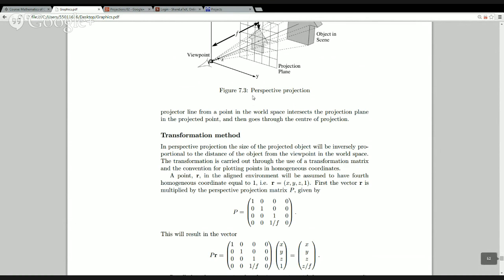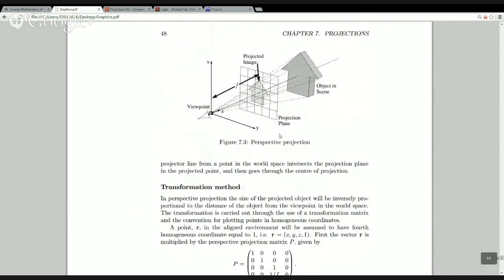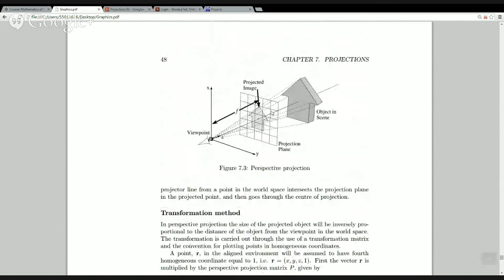Of course, I didn't emphasize it: all these points, the coordinates of the projected points, have z coordinate f. The third component is always f, and that agrees with the fact that all these points are on the projection plane, which is a plane parallel to the xy plane at distance f along the z-axis.